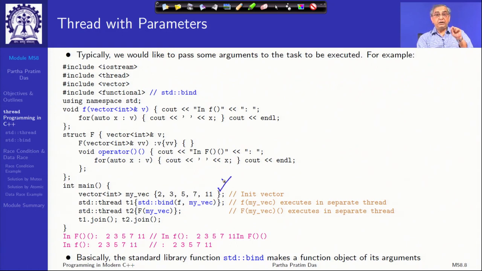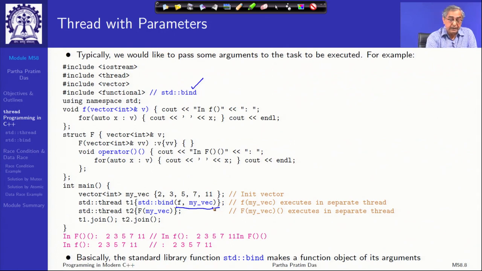So, now the question is, how do I tell the thread that not only this function, but I also need to give this parameter. For this you have a special template called bind. Bind basically takes a function and one or more parameters of that function, puts them together into a function object, and then passes that to wherever it is required.